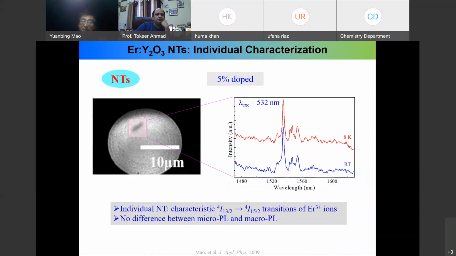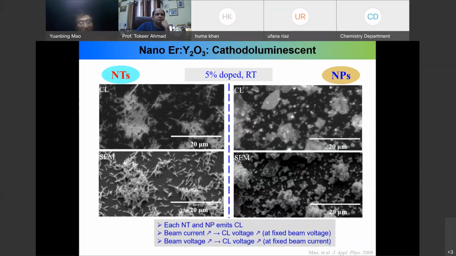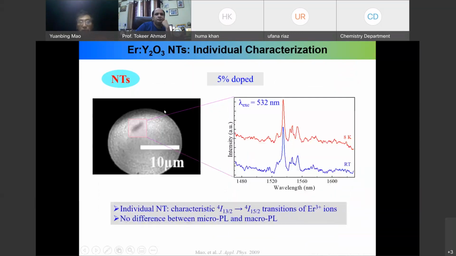So far we can tell that each of these individual nanostructures is luminescent. We also did a little bit of study through collaboration on photoluminescence.